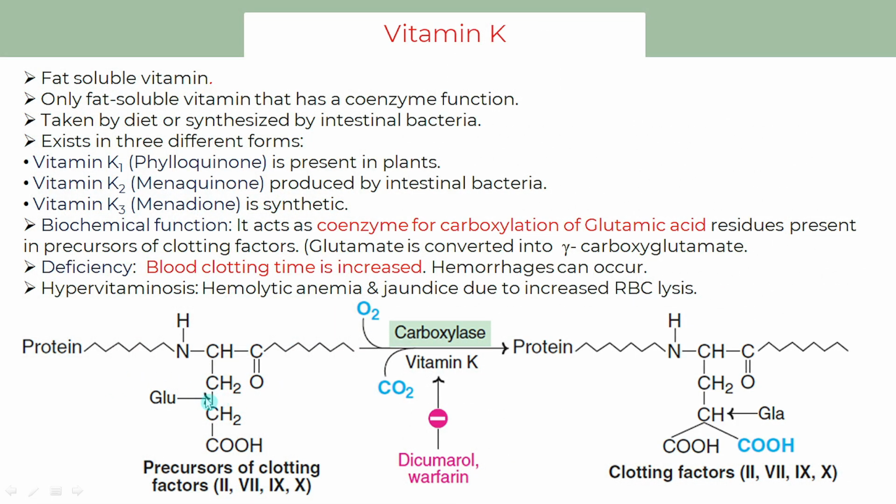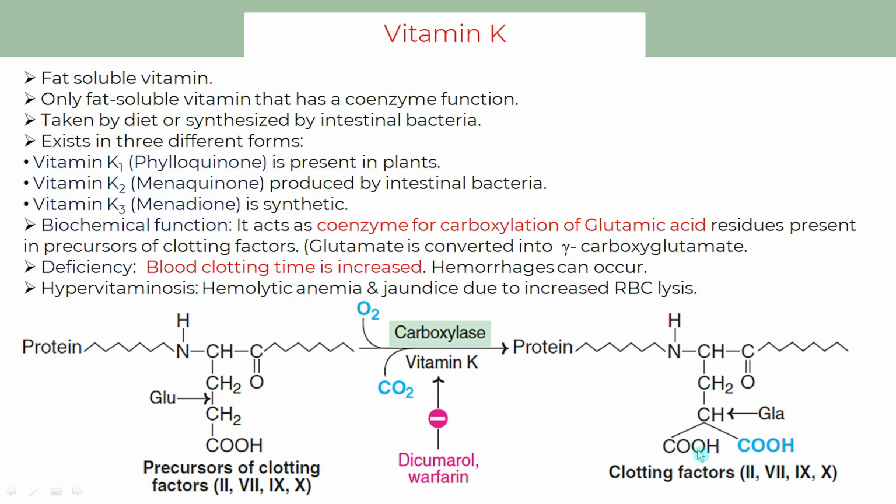So glutamic acid is carboxylated into an inactive precursor of clotting factors like 2nd, 8th, 9th and 10th. These are the clotting factors in which vitamin K is involved and it carboxylates glutamate into their structure. What happens? There is an extra carboxylic acid present in the clotting factors due to this process, by which they can get attached to the calcium ions which carry a positive 2 charge.